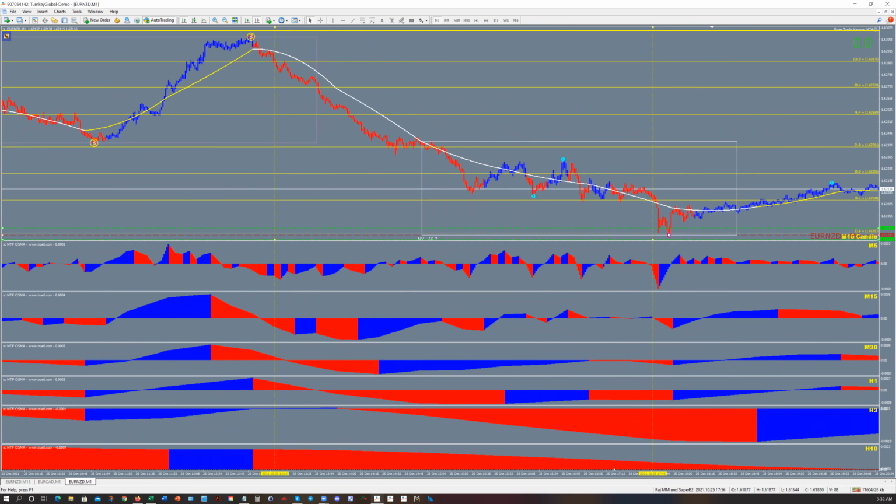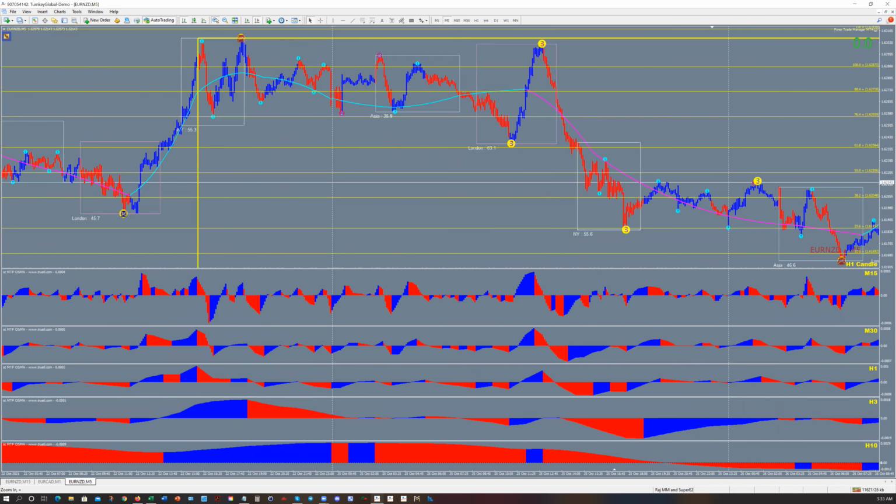Remember, this was a 3-ball on the 15-minute. So let's say we took the entry and exit over here, 80 pips. So what I'm advocating basically is what I'm showing you. Does that make sense?